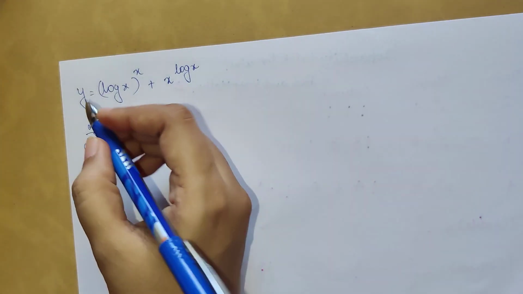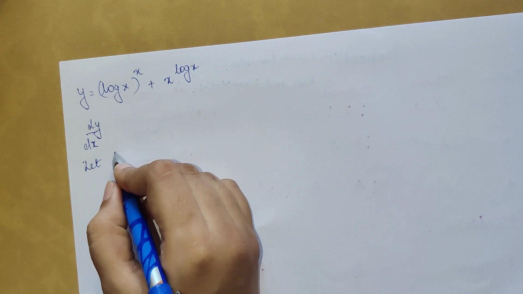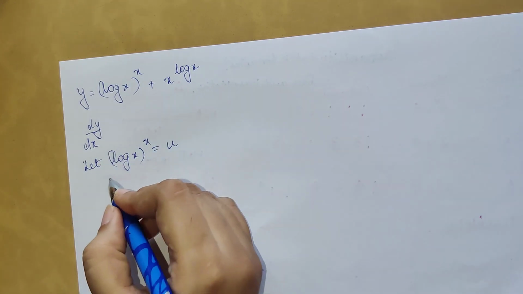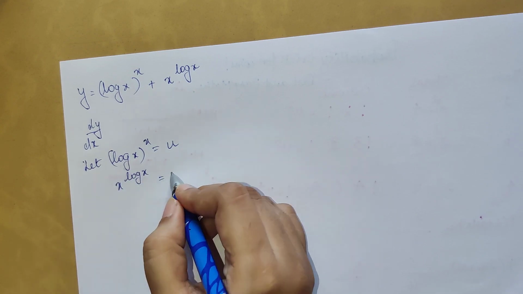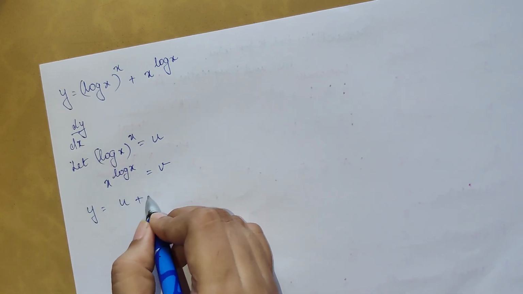Okay, so here the first thing we'll do, let (log x) raised to x be equal to u, and x raised to log x be equal to v. Therefore, we can say y is equal to u plus v.